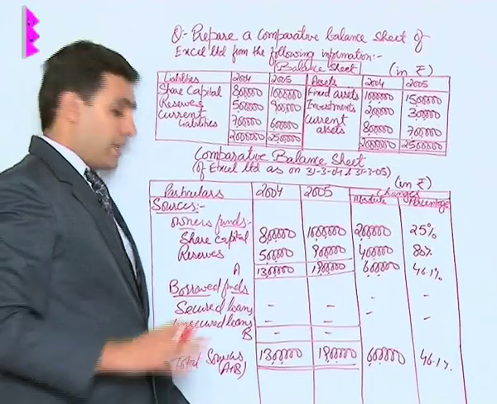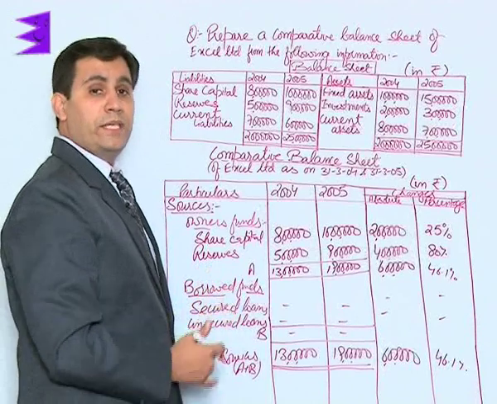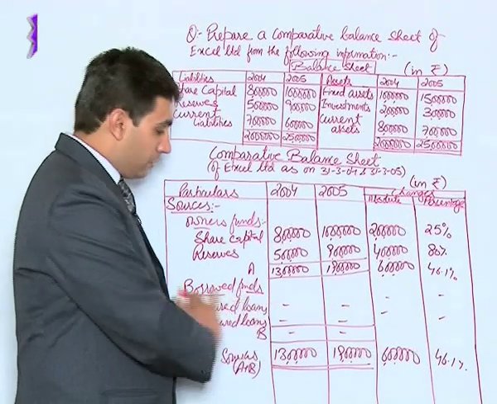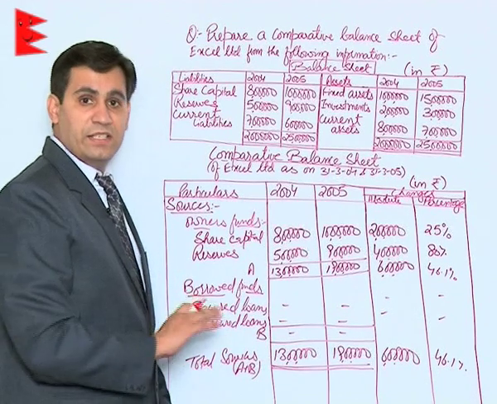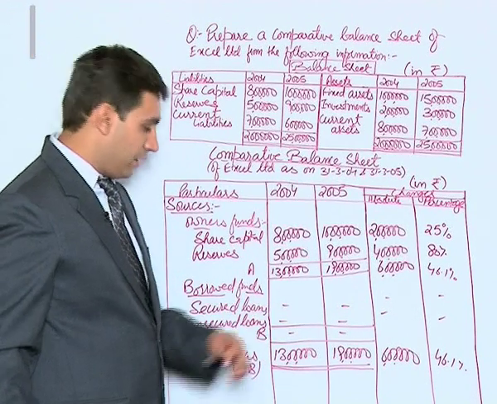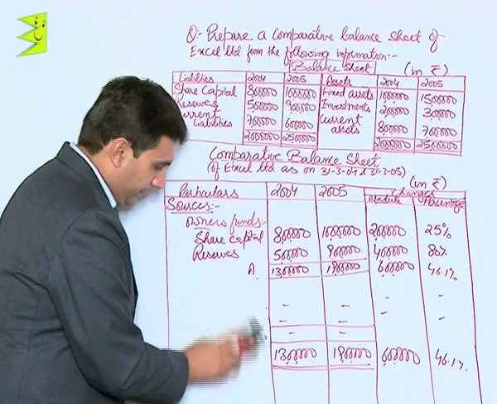Now students, in this case borrowed funds were not given. So we can actually ignore this column altogether, right? In that case, if we decide to ignore it because no figure is there, your total funds would be represented like this only.